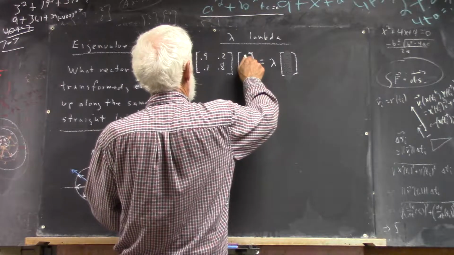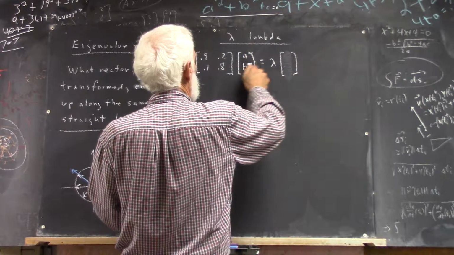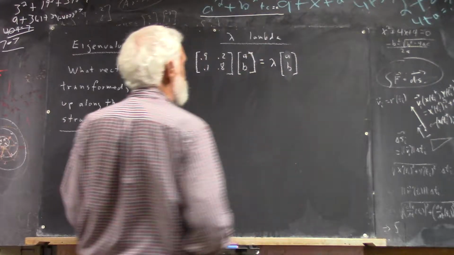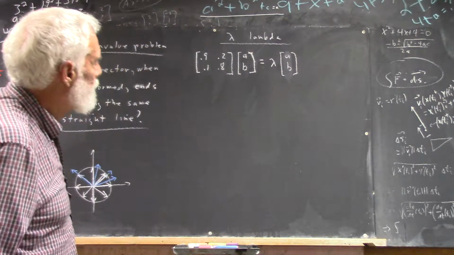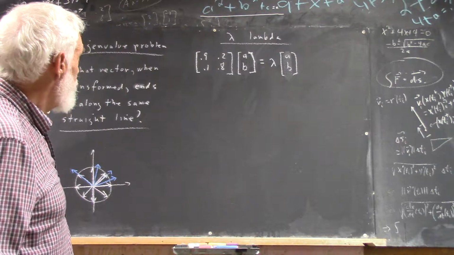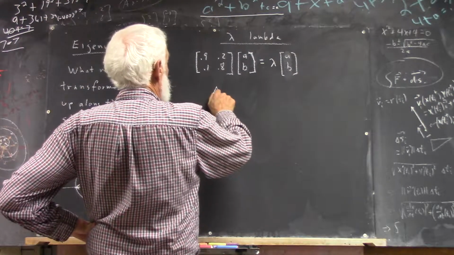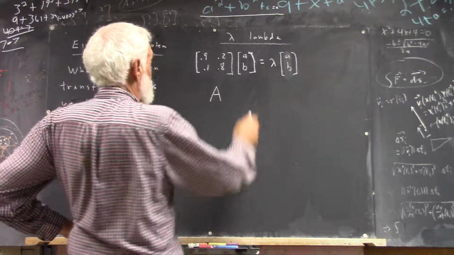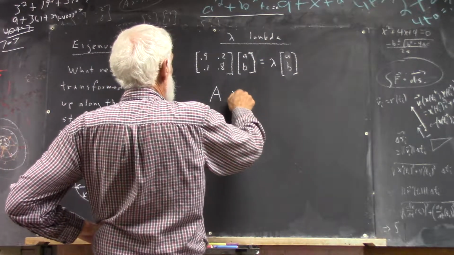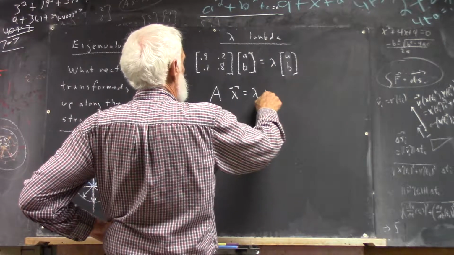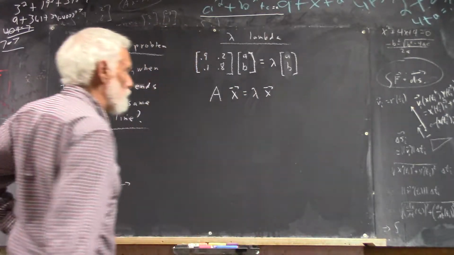I'm going to call this just a, b, and this is a, b. Now I'm going to call this matrix A. We're going to call this vector X. So the equation becomes AX equals lambda X.